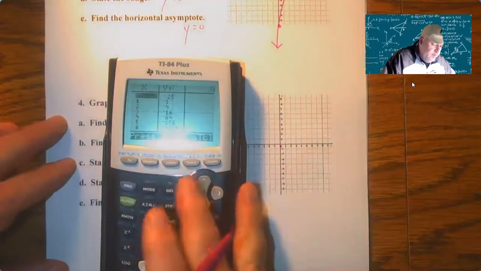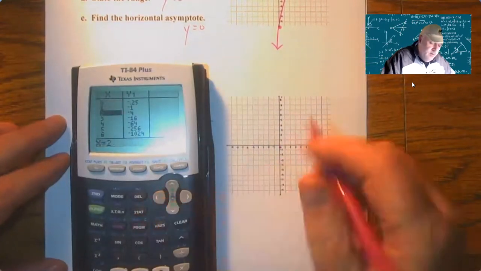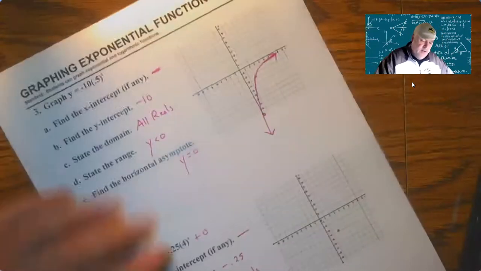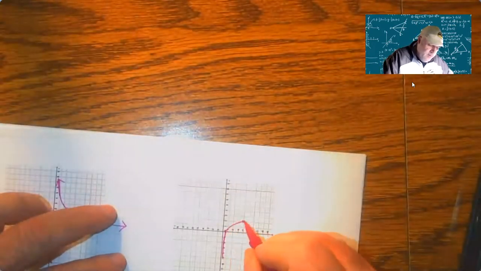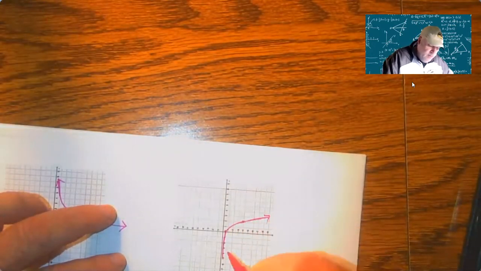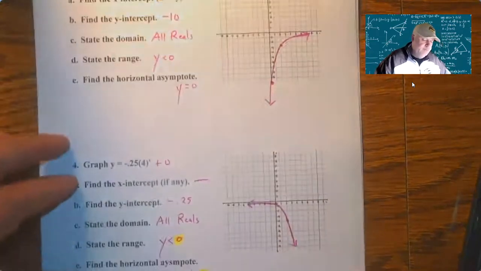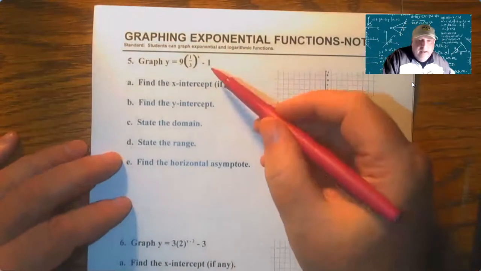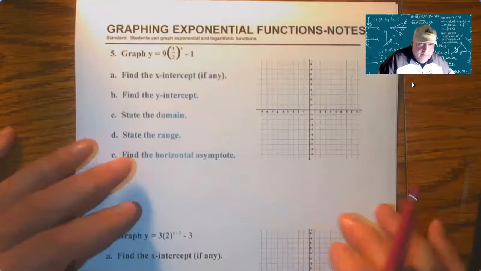Let's get some more points. 2, -4, I think that'll probably be good enough. And then just make it work. It's pretty easy, so it'll be a pretty easy quiz to get these graphs.